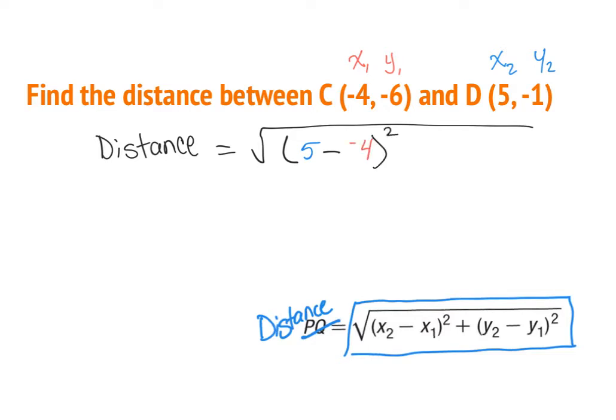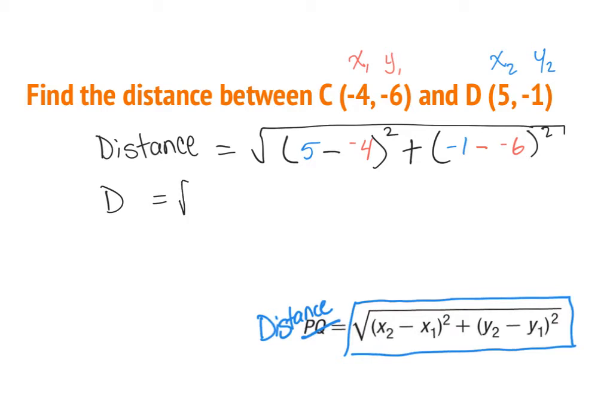Close parentheses, squared, and then plus, open parentheses, my Y2, which is -1, minus my Y1, which is -6, close parentheses, squared. And now I'm going to try and clean up my equation.